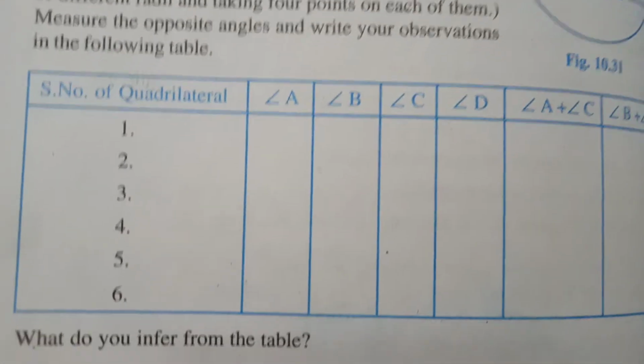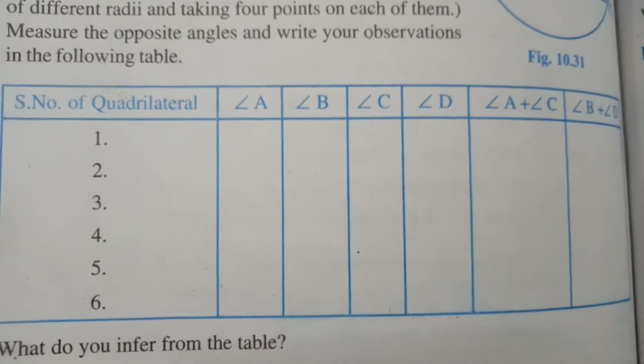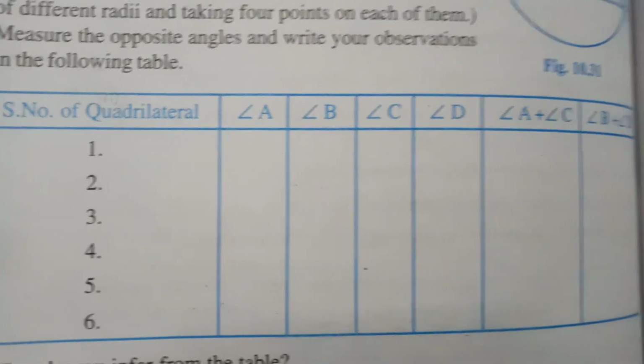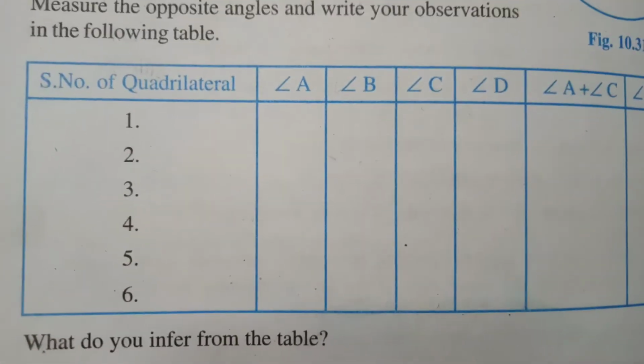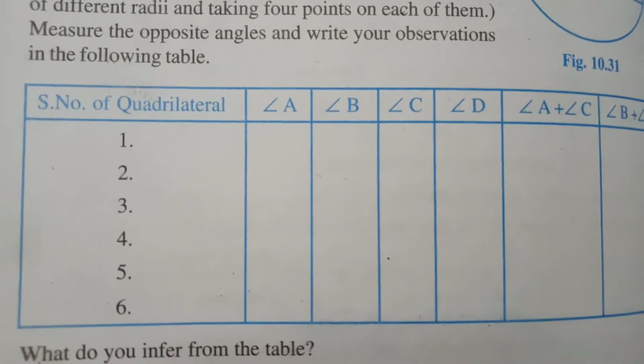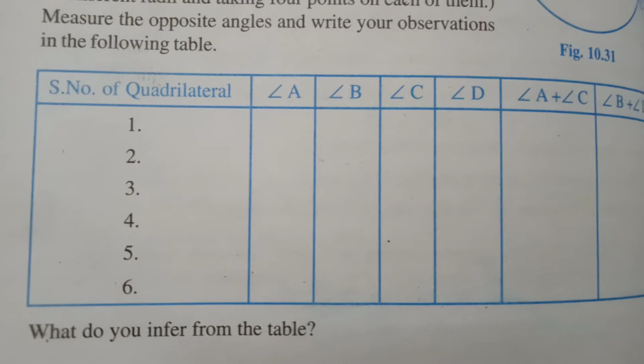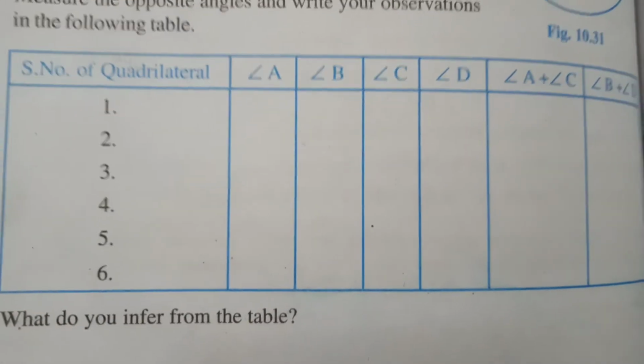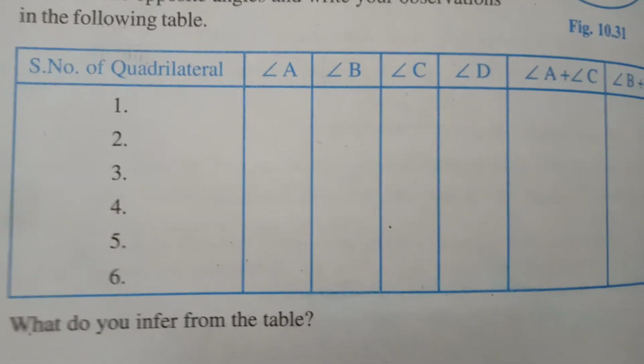Whenever you write cyclic quadrilateral, all four points lie on the circumference of the circle. If you measure angles A, B, C, D, we know that the sum of the four angles in a quadrilateral is 360 degrees.